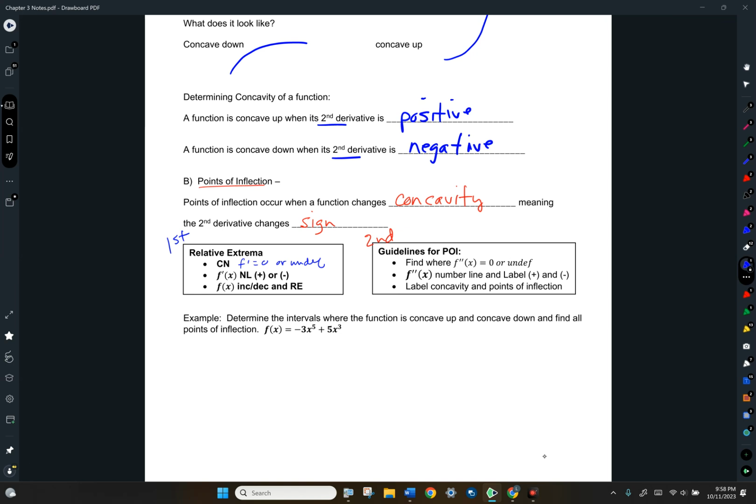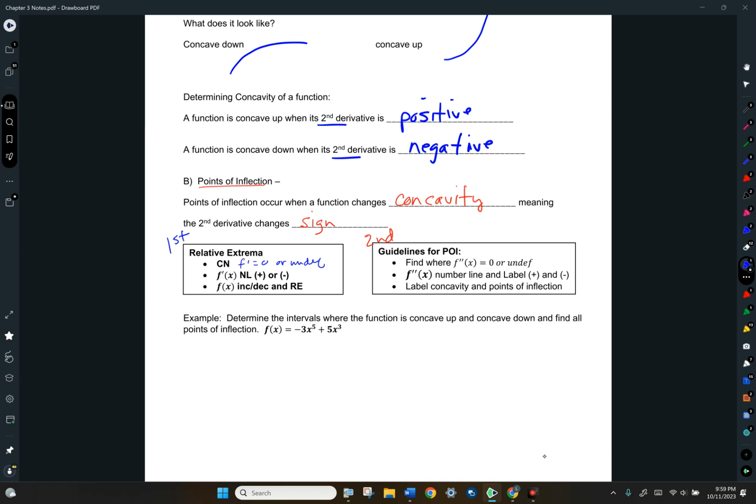For points of inflection, we're finding where the second derivative is 0 or undefined. Those are not called critical numbers. I don't know why; you're doing the same thing, just for the second derivative. They don't really have a special name. It's just where the second derivative is 0 or undefined.